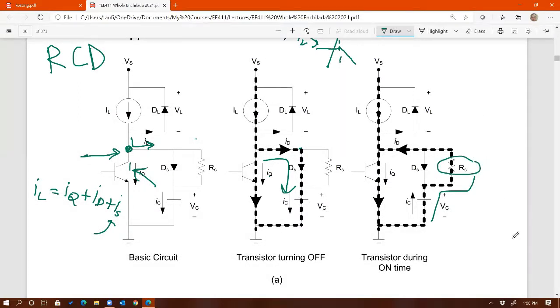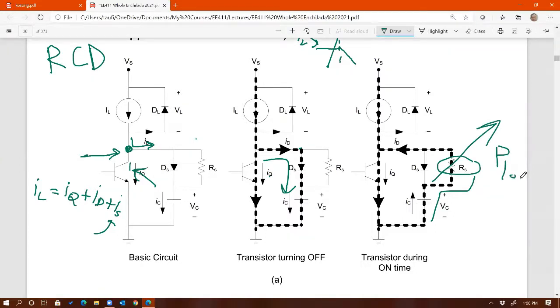So that's the implication: by having a lot of big capacitance, you are storing more energy into that capacitor. That energy, unfortunately, has to be used by this resistor, and in turn is translated into power loss.